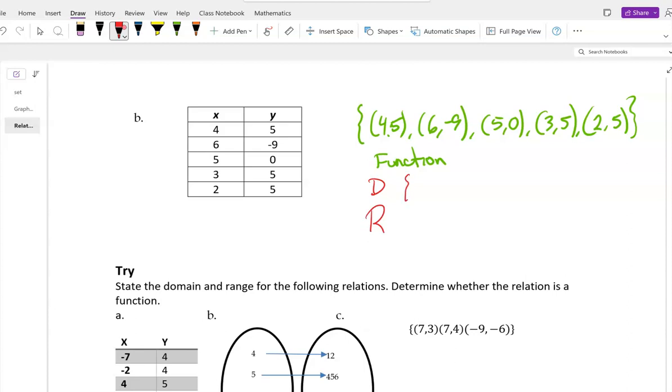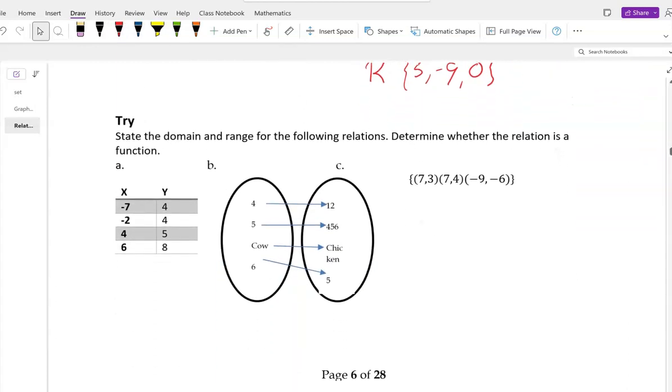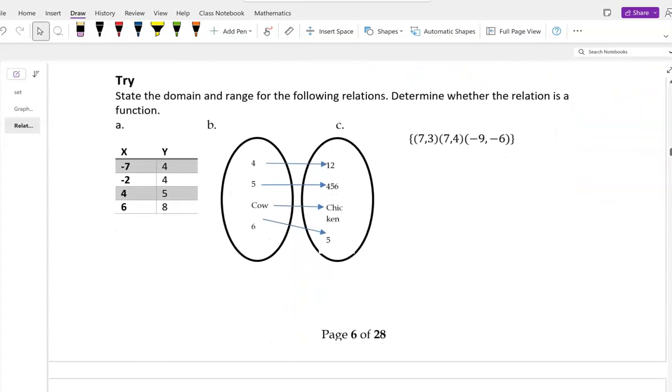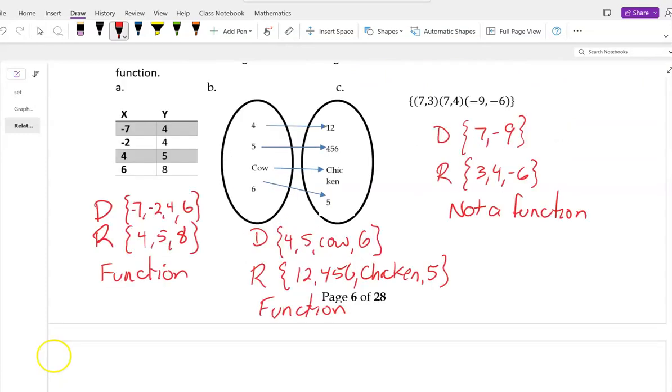The domain is 4, 6, 5, 3, 2, just as easy as listing off the x values. And the range, oh, I don't need to write 5 again. There we go. Okay, pause the video, try these 3, and then we'll do them together.